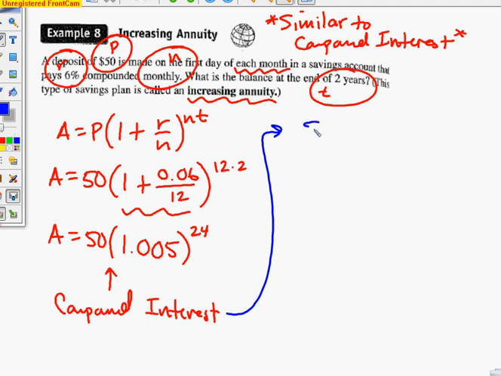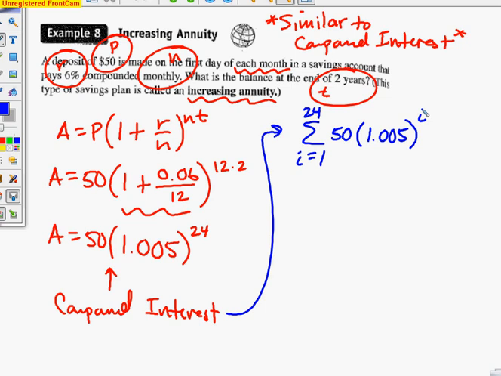So we sum from I equals 1, first month to the 24th month, of our initial deposit, 50, times the 1.005, and now the exponent represents the month, and the month is just going to be I. We're going to plug 1 in, we're going to plug 2 in, 3 in, 4 in.